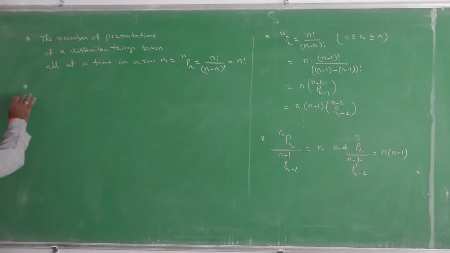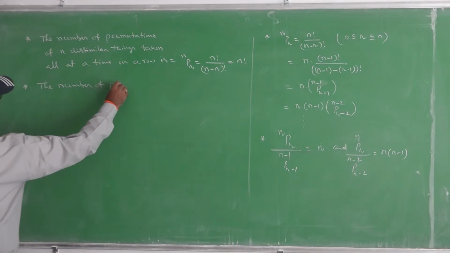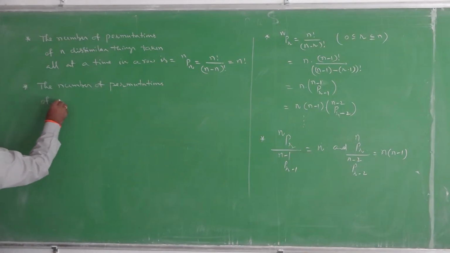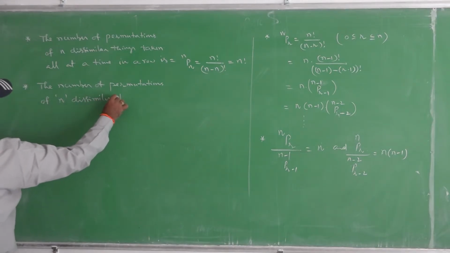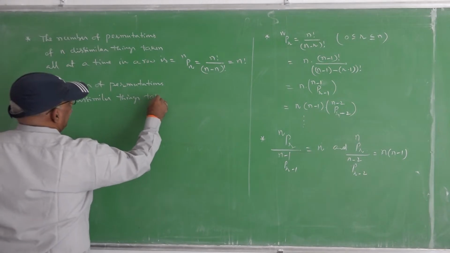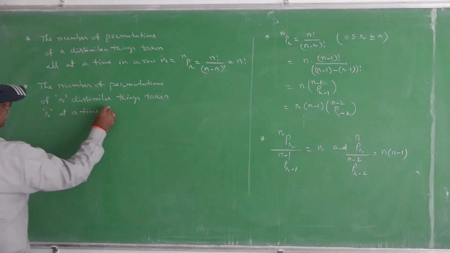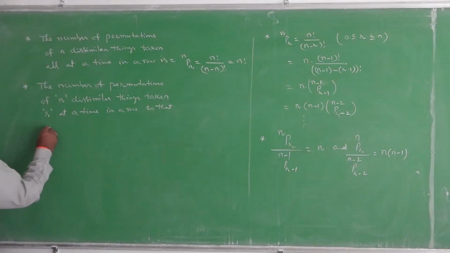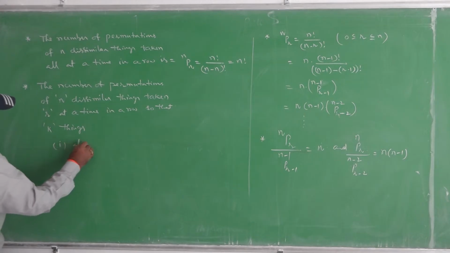Next point. The number of permutations of n dissimilar things taken r at a time in a row, so that k things always occur in the arrangement.